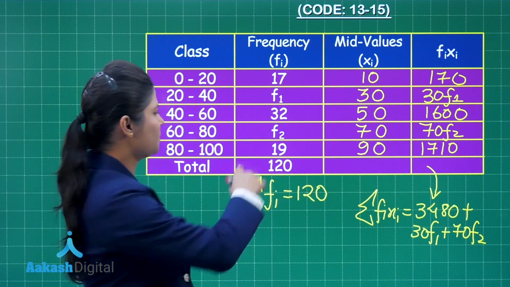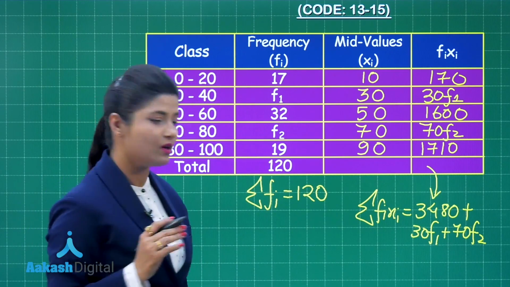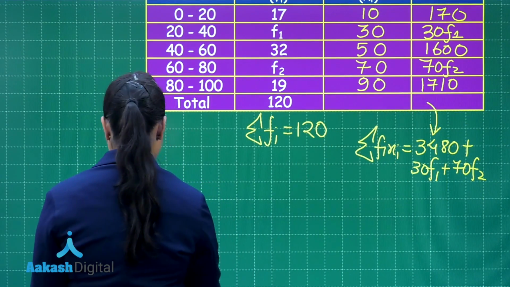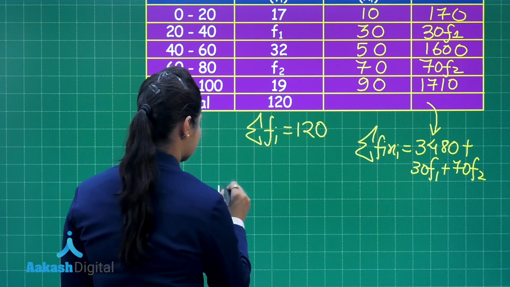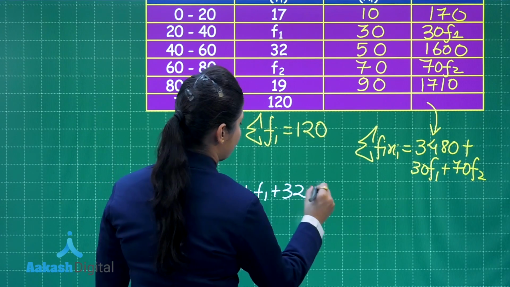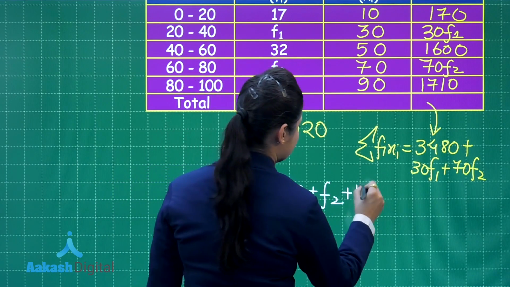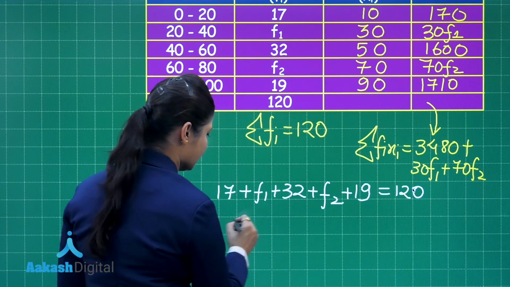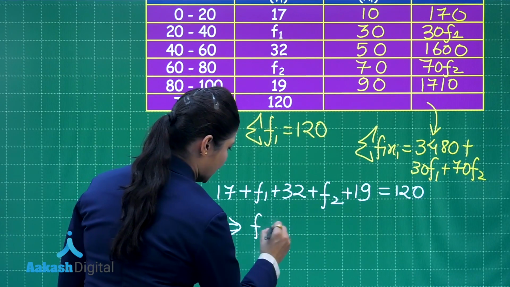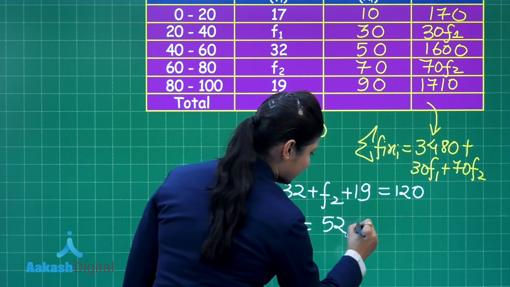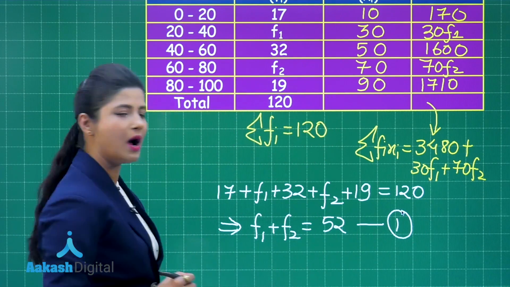So let's first use the information about the sum of all the frequencies. When you add up all the frequencies, that is 17 plus F1 plus 32 plus F2 plus 19, this is clearly equal to 120. On simplifying, you get the equation F1 plus F2 equals 52. Let's consider it to be equation number 1.